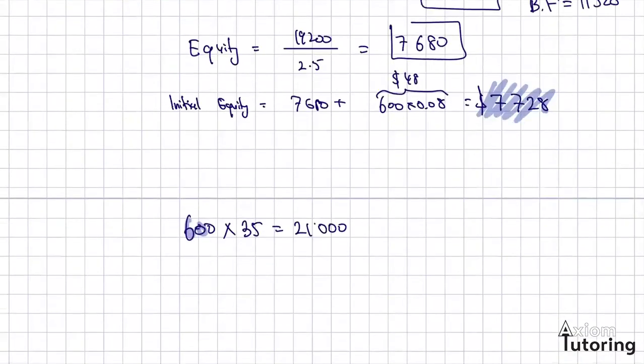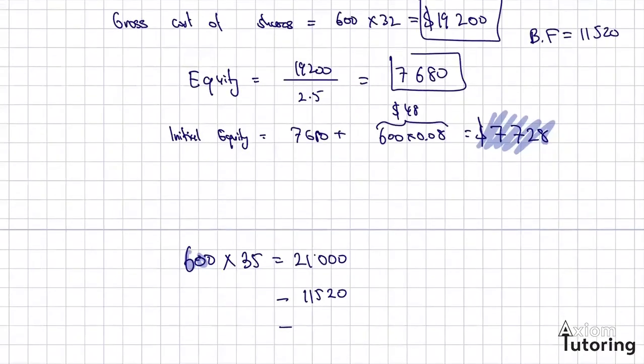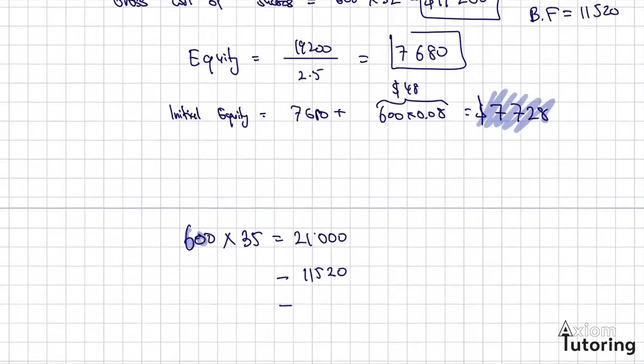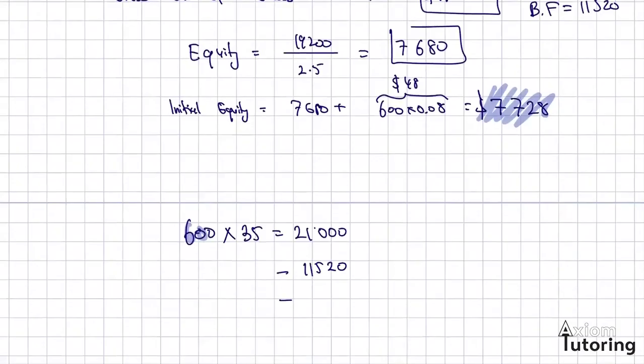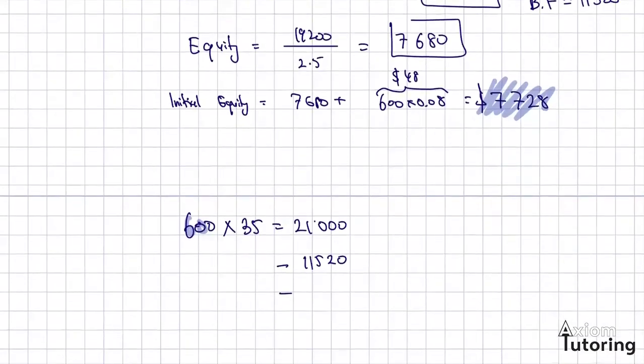Well, I need to repay those borrowed funds, 11,520. But the people that gave us money didn't give us money for free, so they also want to get paid some interest on their outlay. So we will have to figure out the interest on it.